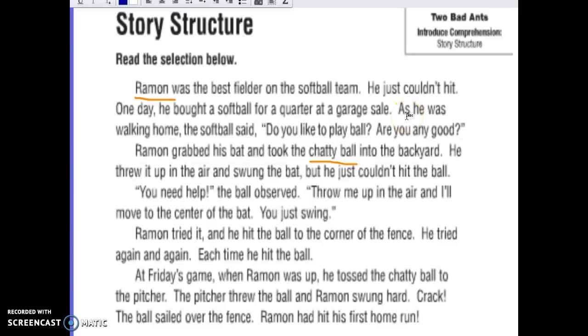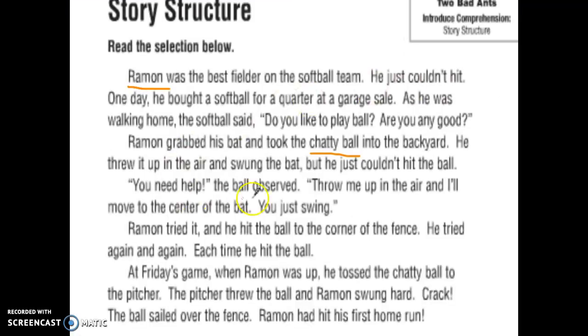Now, oftentimes the characters are not going to come right out and say exactly when and where the story is taking place. A lot of times we have to look for clues that can help us make inferences about the setting. So as we read through, where are some clues that would help us know where and when the story is taking place? Right here it says that he bought a softball for $1 at a garage sale.